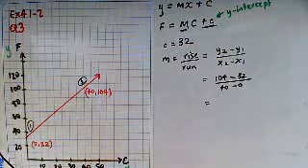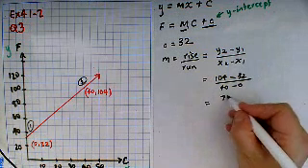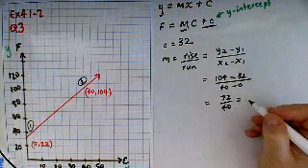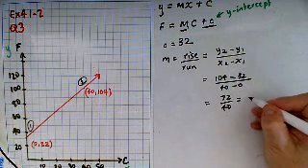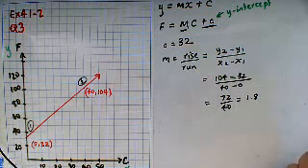So let's just make sure we get the values right. 104 take away 32 equals 72. 40 take away 0 equals 40. Let's then turn that into a decimal, 1.8. So the gradient equals 1.8.